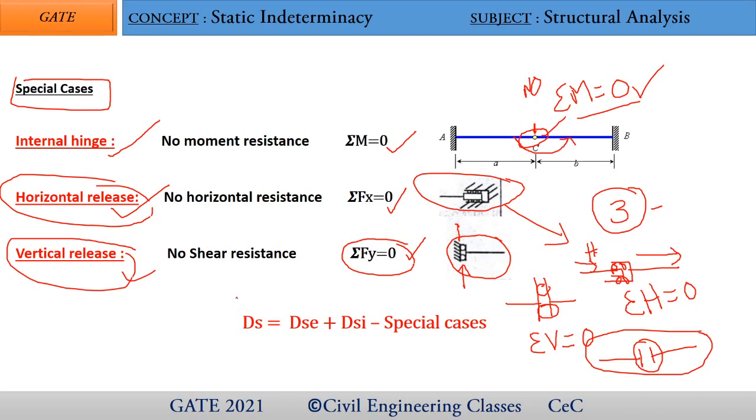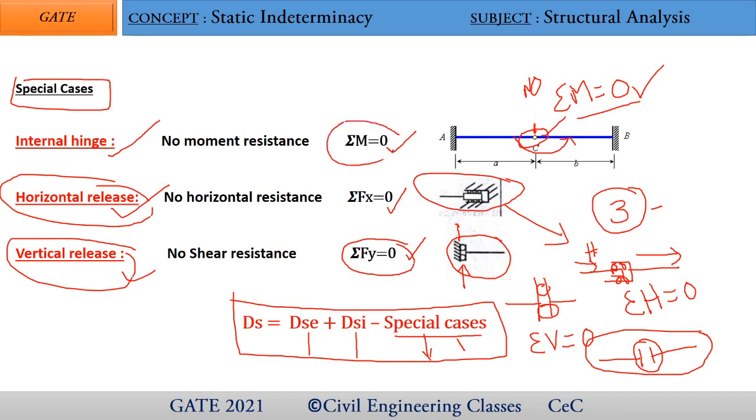Finally, what is the static indeterminacy formula? It is equal to external static indeterminacy plus internal static indeterminacy minus the special cases. These special cases give some extra conditions, that is, some extra equations we will get.